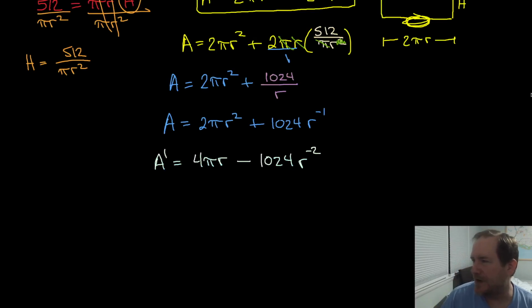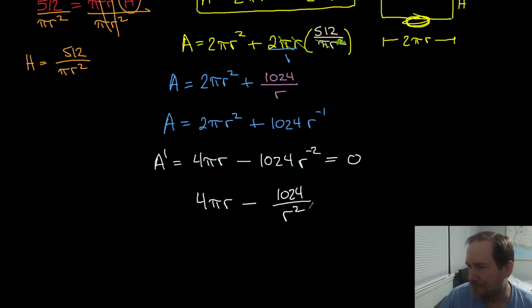Okay, so you're going to now set this equal to 0 and try to find those critical values. And again, if this is 4 pi r, I'm going to kick this r down to the denominator. Just get my 1024 over r squared.